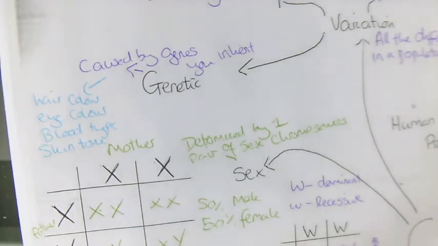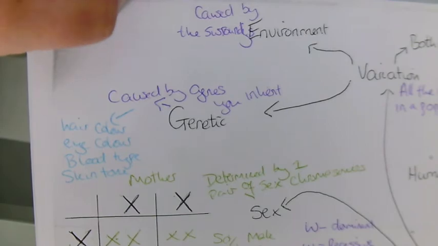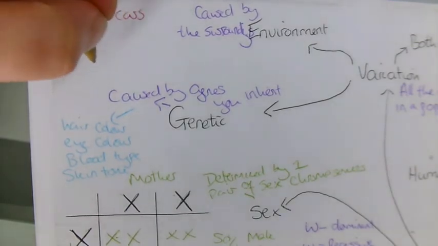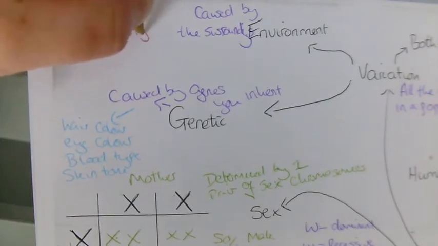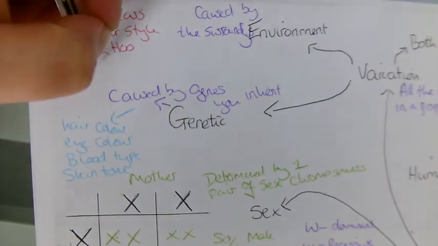Now, if it's environmental, this is going to be things like scars, hairstyle, tattoo, suntan.